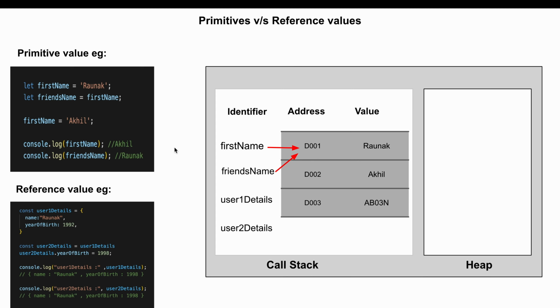Okay, so now let's see the next line. In the next line, we have assigned a new value to firstName. So how does it work in the call stack?